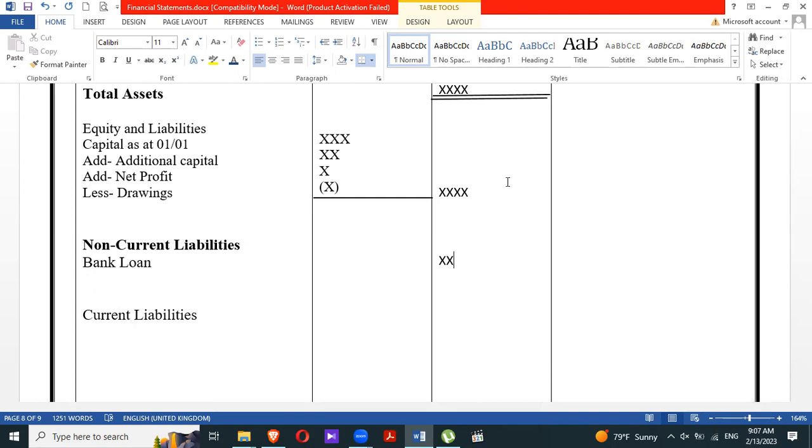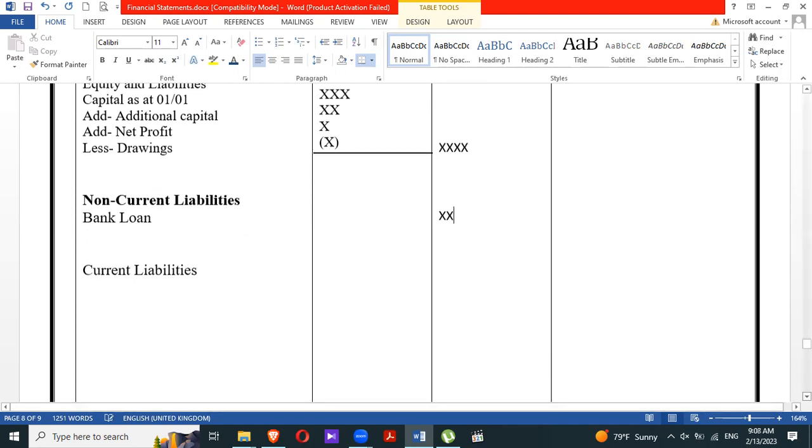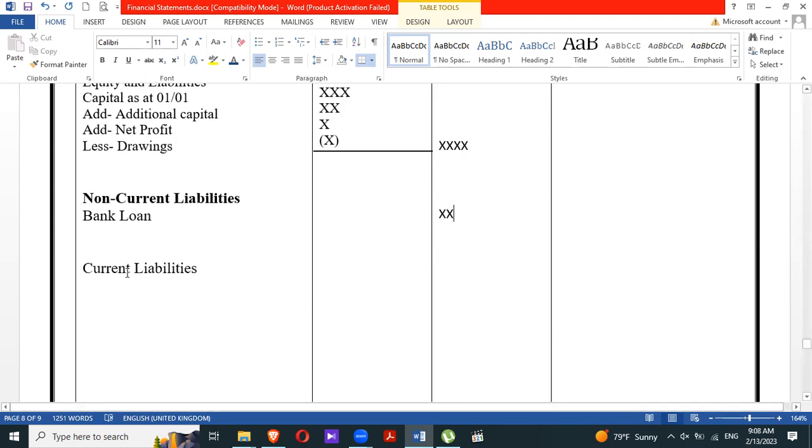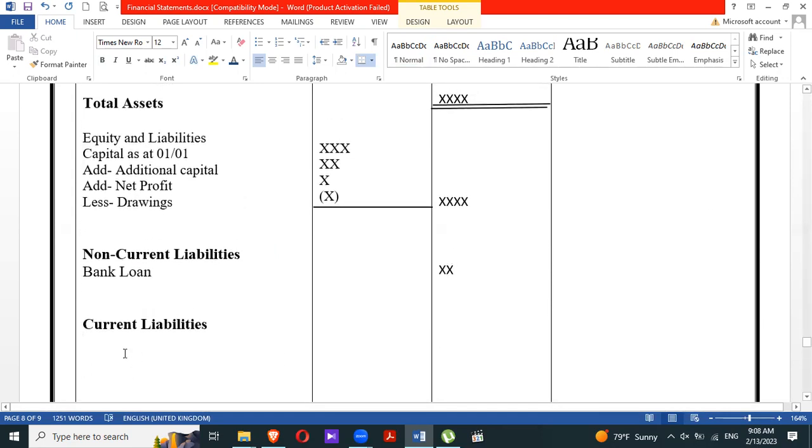Right? Then we have to record the current liabilities. That's why I asked you to keep only two or three, because only one non-current liability will come. Then current liabilities. Under current liabilities, you can mention some items: trade creditors, accrued expenses. Next one, let's mention bank overdraft. Right?